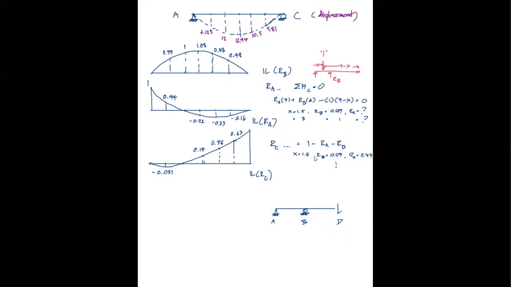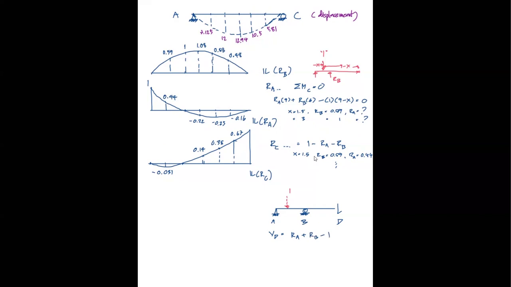So first free body diagram: your unit load is here. Correct? So when you look at this free body diagram, you can use your sigma Fy equal to 0 to write your VD. VD is going to be equal to RA plus RB minus 1.